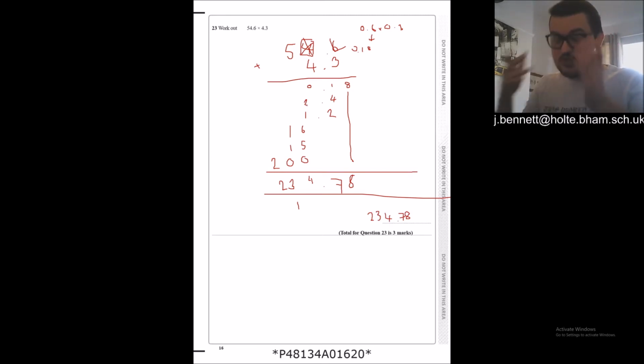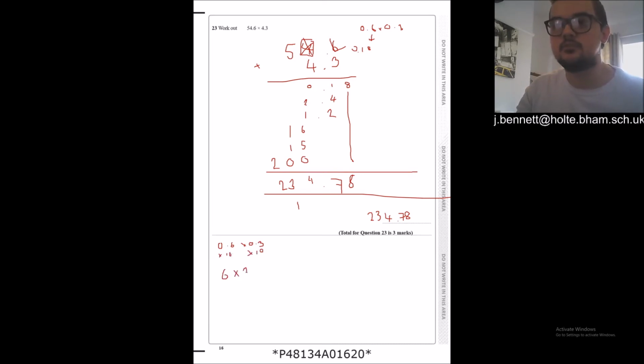A lot of those multiplications that I did do quickly, you can do yourself. So let's do the 0.6 times 0.3. A nice way of doing that is by just timesing this by 10, timesing this by 10, and now you've got 6 times 3, and this gives you 18. But to get to our original thing, we have to go back.